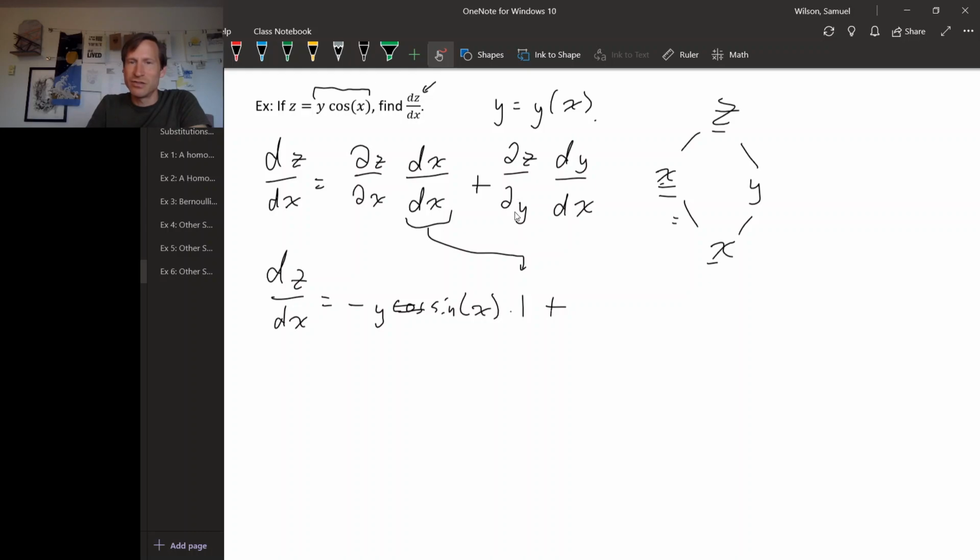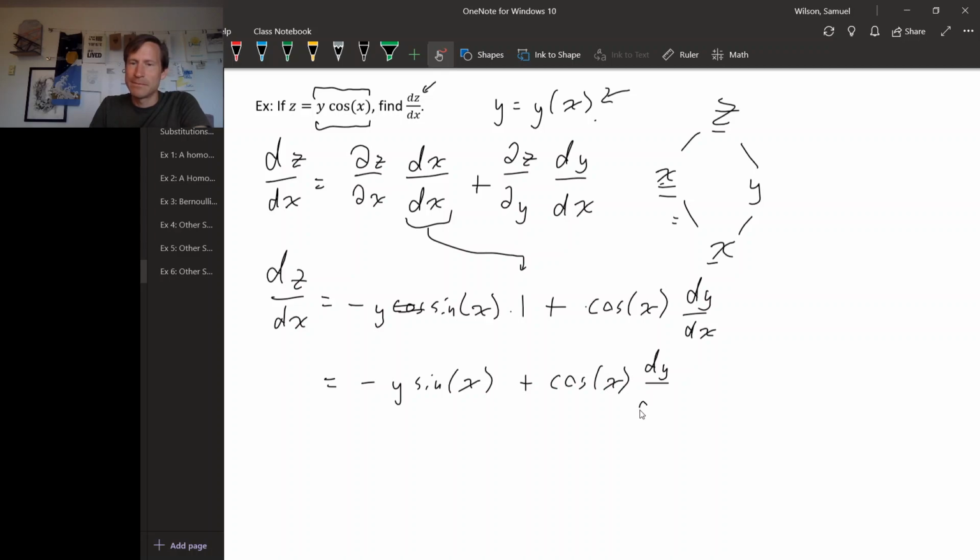Plus the derivative of z with respect to y. So now we take the derivative of our formula for z treating y like the variable, and we get cosine x times dy dx. And since we don't have a formula for how y depends on x, we have to leave that alone and just leave it dy dx. So the whole thing is minus y sine x plus cosine x dy dx. And there we go.